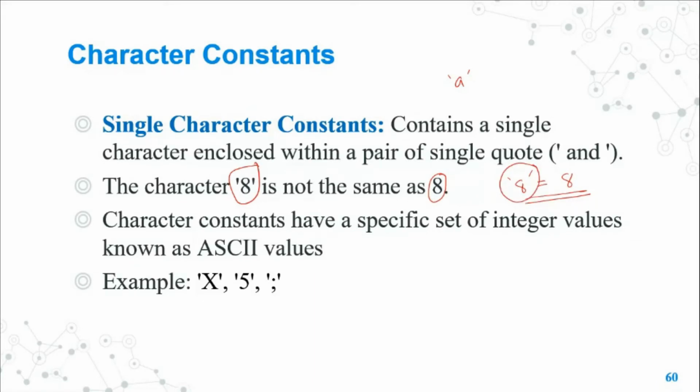Then this is the integer 8. Now the character constants have a specific set of integer values known as the ASCII values. For each character constant, there is an ASCII value associated with it. For example, X within single quotes is a character constant. This one, 5, is another character constant. Then this single semicolon can also be taken as a character constant if we put it inside single quotes.